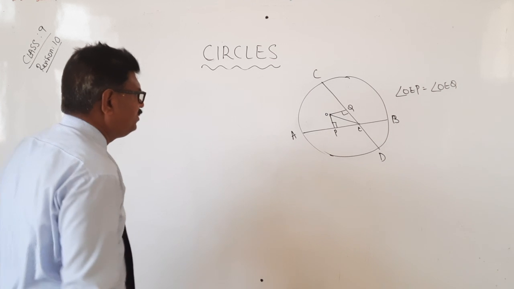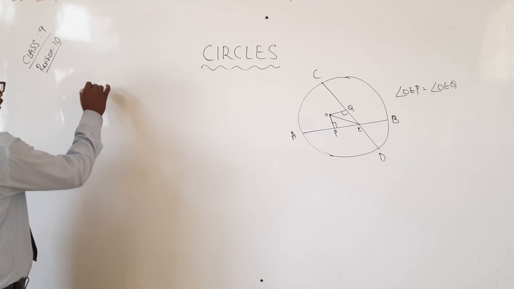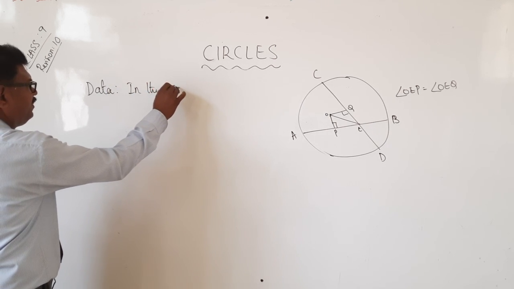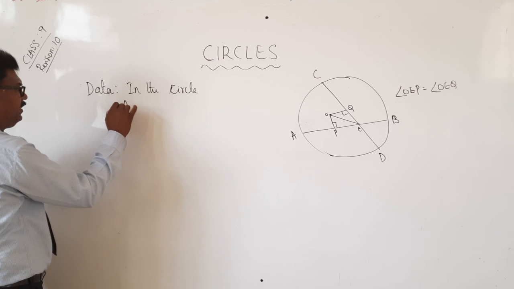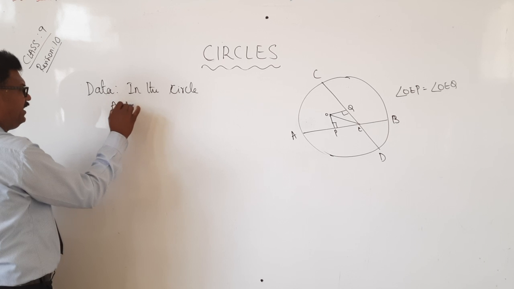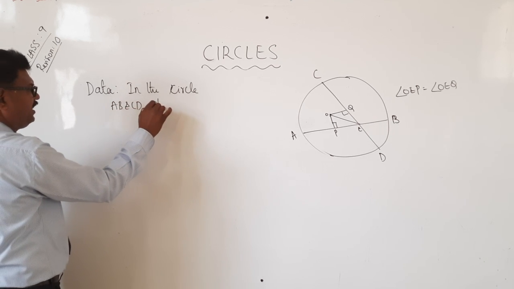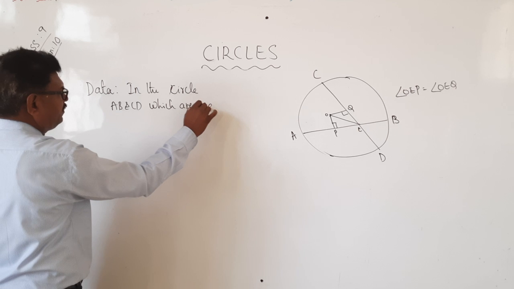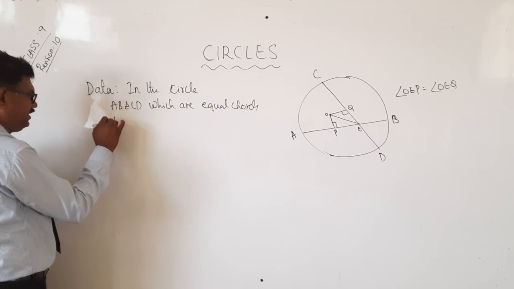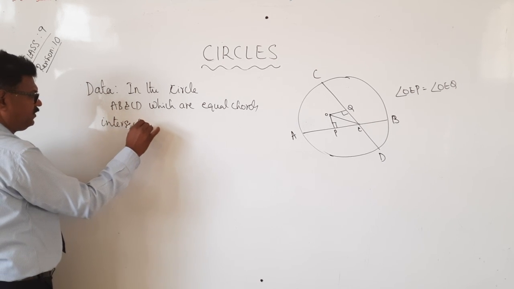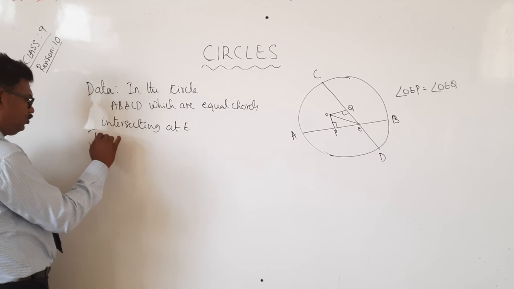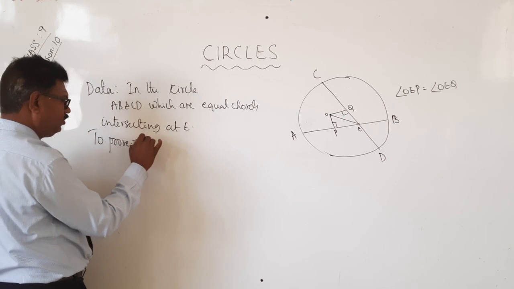Understood? Yes. Now, data. Write down please. What is the data? In the circle, equal chords, otherwise AB and CD, which are equal chords, intersecting at E. To prove what we have to prove?